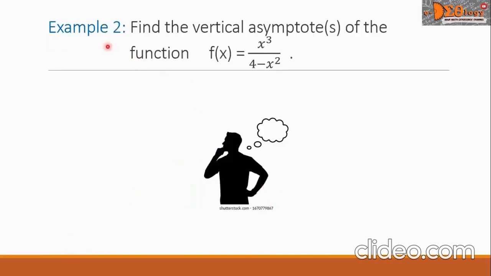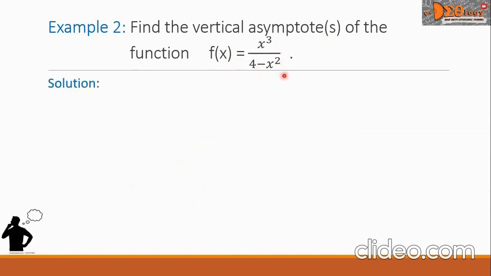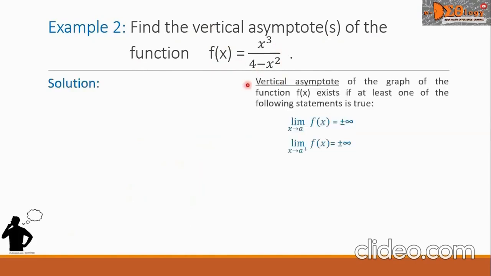Let's have example 2. Find the vertical asymptote or asymptotes of the function f of x equals x cubed over 4 minus x squared. We know that a vertical asymptote of the graph of the function f of x exists if at least one of the following statements is true, meaning the limit of the function must approach positive or negative infinity when x goes to a certain value a, either from the left side or from the right side.